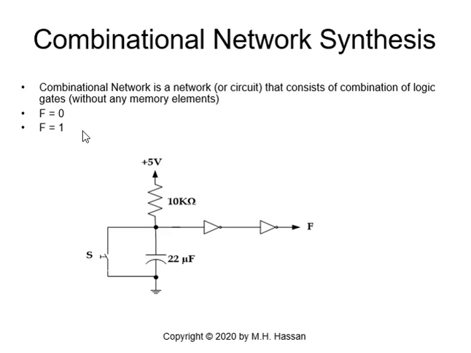To avoid this bouncing and switching effect, we have a simple circuit here, a simple RC circuit with two inverters. So let's understand the circuit. This is not the only circuit. We may also use a 555 timer to construct the function f is 0 or f is 1. Here we have plus 5 volt connected to 10 kilo ohm and connected to a capacitor of 22 microfarad.